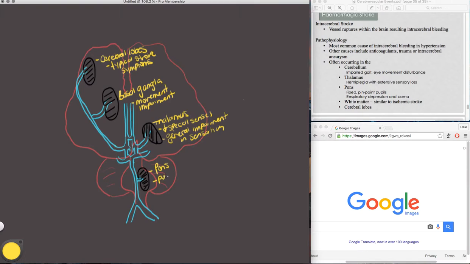Things like pupil changes are very common because of where the cranial nerve nucleus lies. These patients may have pinpoint or dilated pupils. We may see ptosis or drooping of the eyelid, vision disturbances, and respiratory problems.